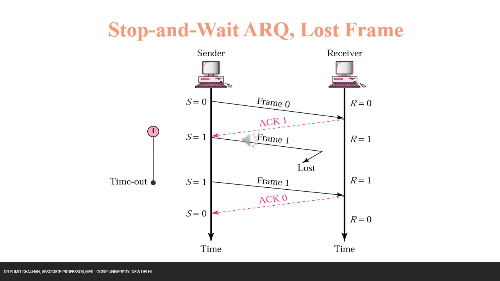So the sender sends frame 0, gets an acknowledgement, then sends frame 1, and this frame 1 gets lost over the link. The sender will wait for an acknowledgement for a specific period of time, and if it doesn't get it back, it will resend the frame with the same number.